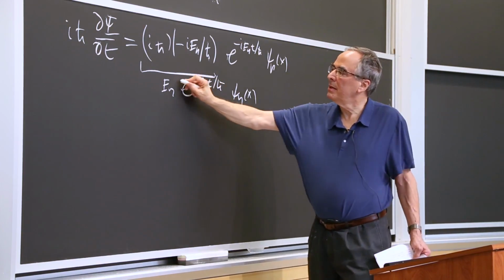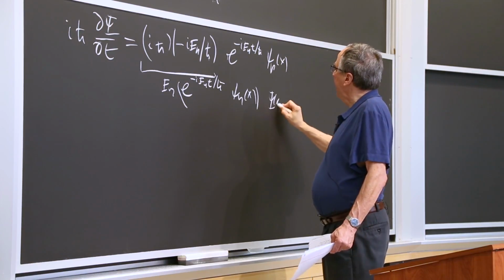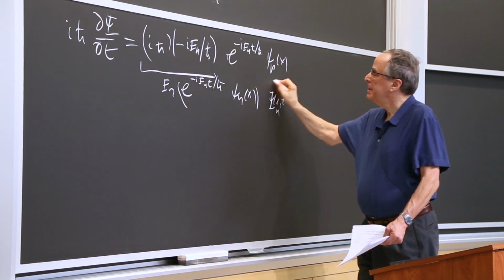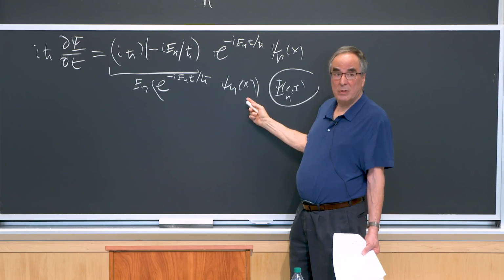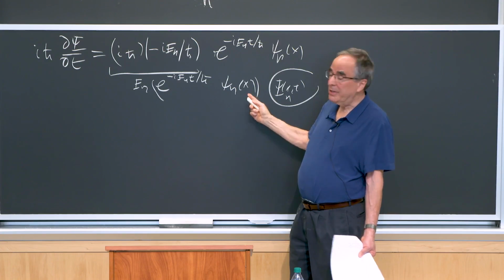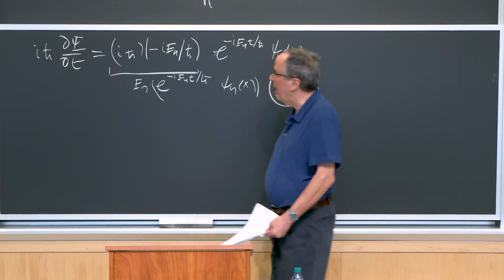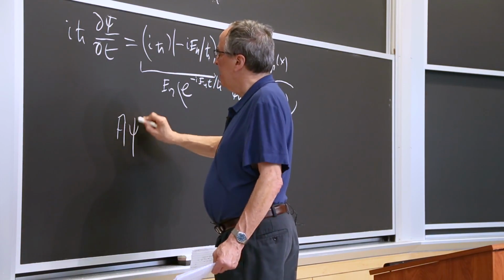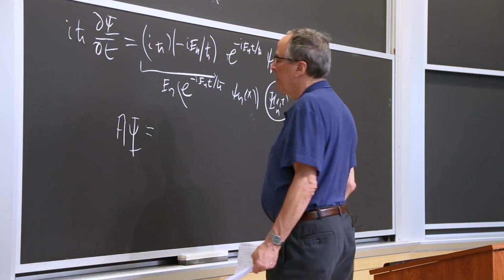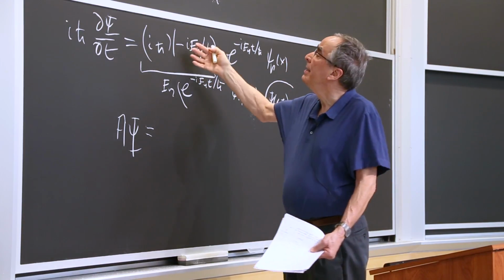Well, this is psi. This function here is the eigenfunction, the solution to the time-dependent Schrödinger equation. And now, how do we know that? Well, we have this factor, H psi. Well, H doesn't operate on e to the minus i E n t over h bar.